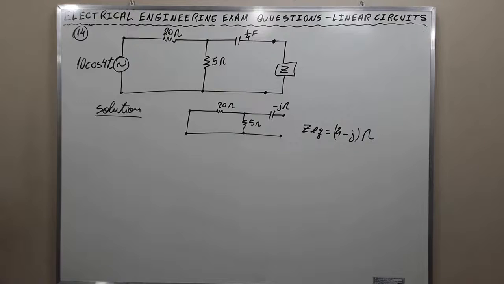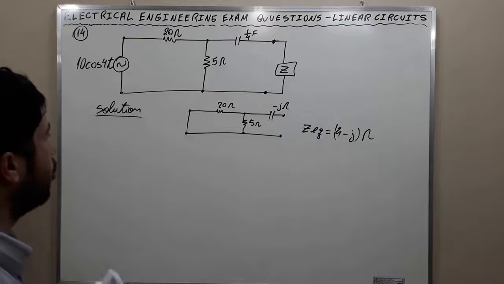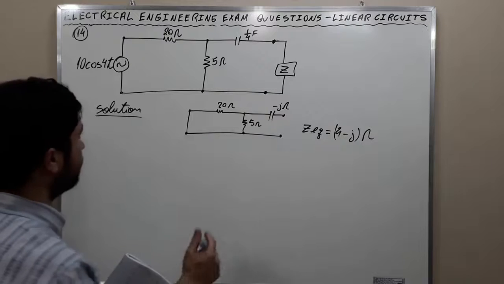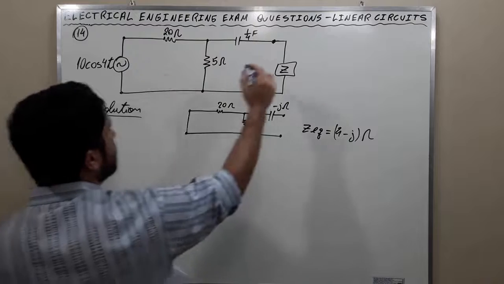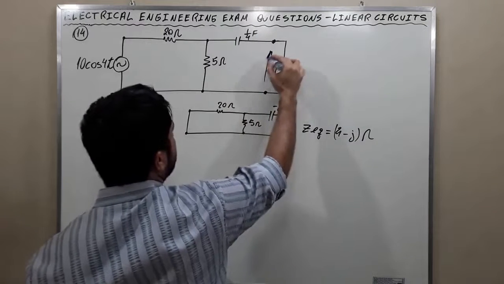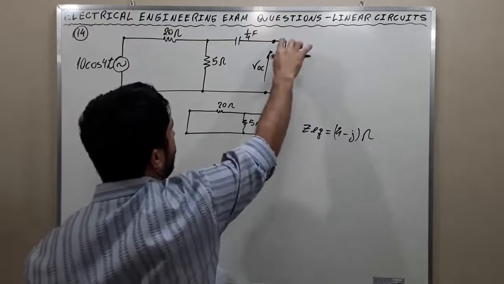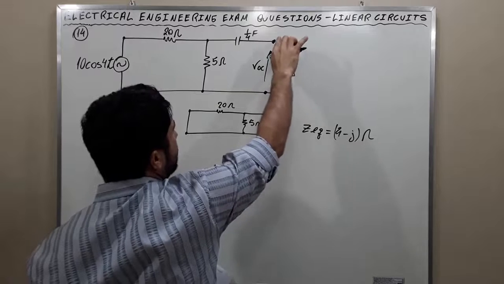Now, what we need to do is to calculate the open circuit voltage to complete the Thevenin's equivalent circuit. Okay, the open circuit voltage would be to calculate the voltage here, VOC, when this is open.